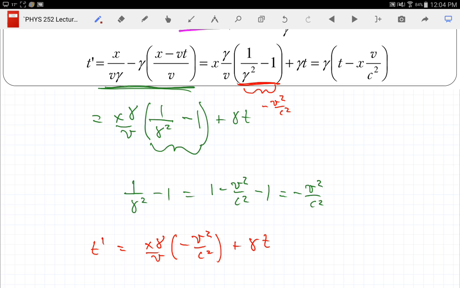And so I'm just going to factor out the gamma. And I'll take the last term first. That was just a t. Minus sign here makes it a minus. Factored out the gamma. I still have an x on top. V squared divided by v gives me 1v on top divided by c squared.